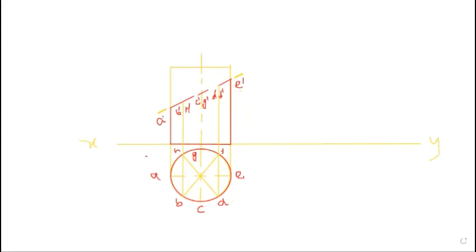Now we draw the true sectional view. For drawing the true sectional view, first what we'll do, from each point of the front sectional view you have to draw a line perpendicular to this cutting plane. Here the cutting plane angle is 45 degrees. So if we draw another line at 45 degrees with the horizontal, we get the perpendicular line. So here we draw another perpendicular line like this.